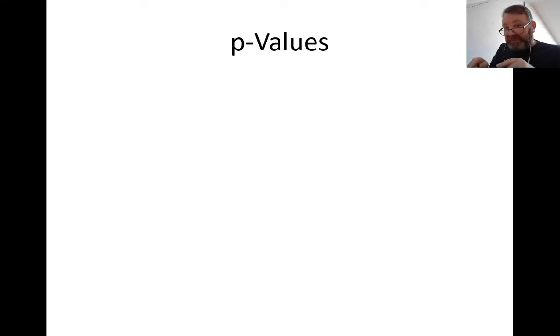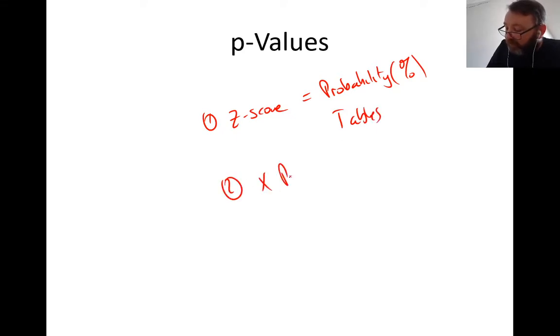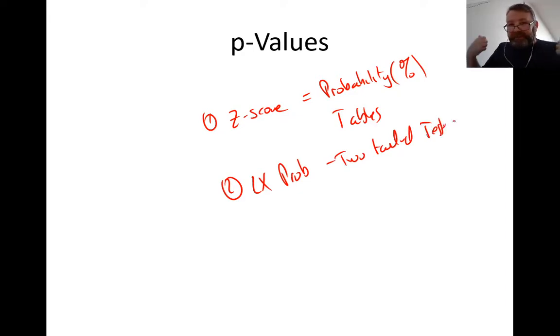So here are the steps for p-values: you turn your z-score into a probability, which we also know is a percentage, using your tables, and then you multiply the probability by 2 because it is a two-tailed test. Meaning that it is in both tails.